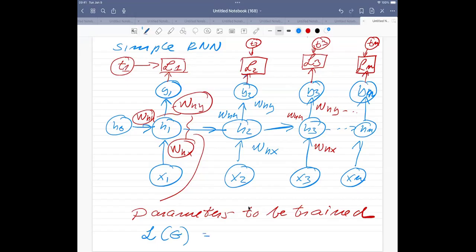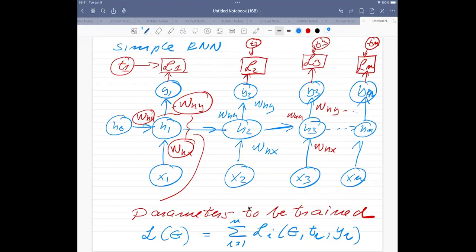And this is going to be the sum of all these L's from i equals 1 up to N of this L_i, which then will depend on the parameters theta, but it will also depend on the target values and the output of the network Y. That could, for instance, be the mean squared error, like the training we did with the sine function. Okay?